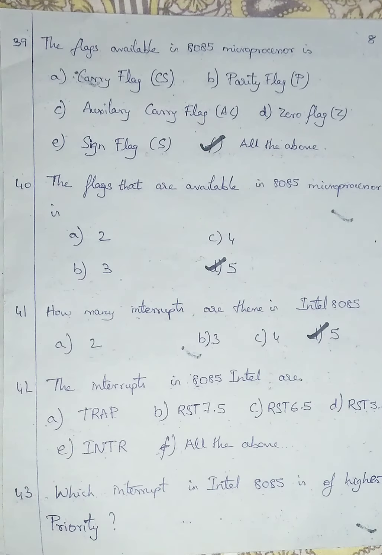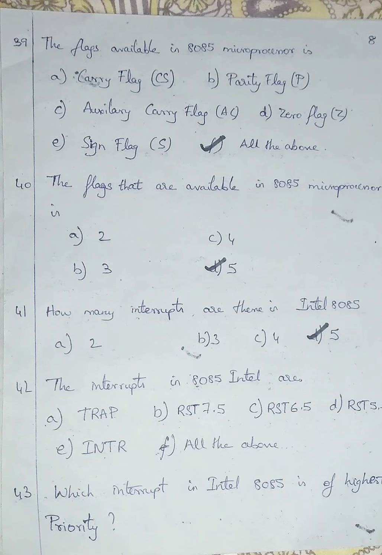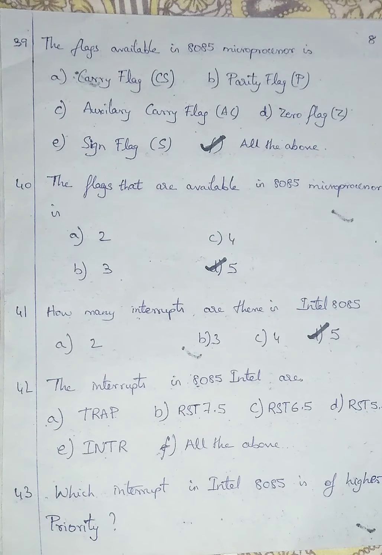The interrupts in 8085 Intel are: option A is given as TRAP, option B is given as RST 7.5, option C is given as RST 6.5, option D is given as RST 5.5, option E is given as INTR, and option F is given as all the above. We have 5 interrupts totally in 8085 Intel.